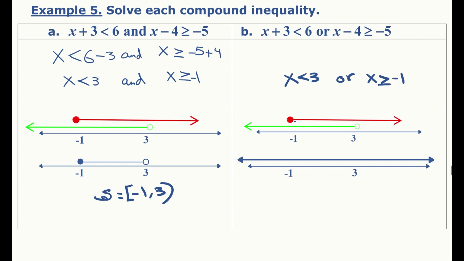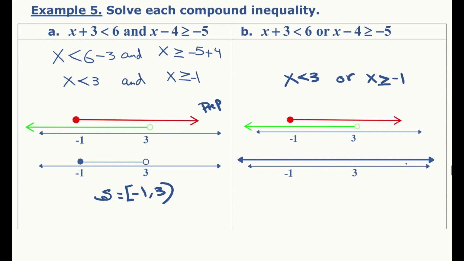Now this first graph can be thought of as the prep graph before our final solution set. Notice that the prep graph will be exactly the same. The only difference now is going to be what needs to happen next, which is because this is an or, we need to take the union of these two sets. And of course, when we unite those two sets, what do we get?